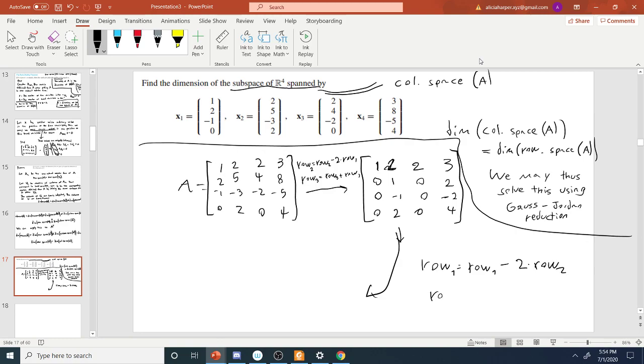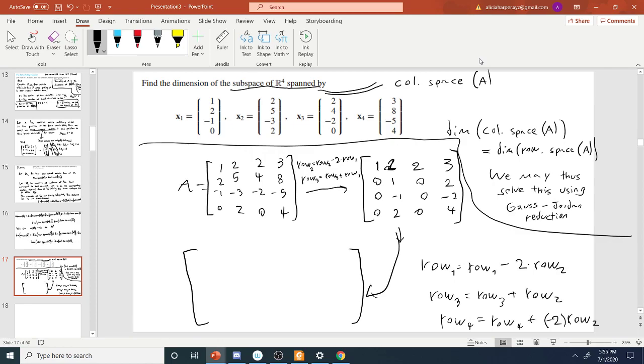I can set row 3 to be equal to row 3 plus row 2. And I can set row 4 to be equal to row 4 plus -2 times row 2. If I do that, I'm going to get the following matrix.